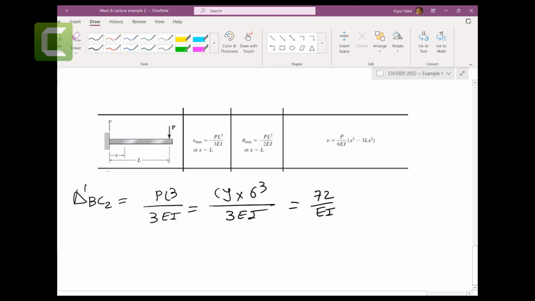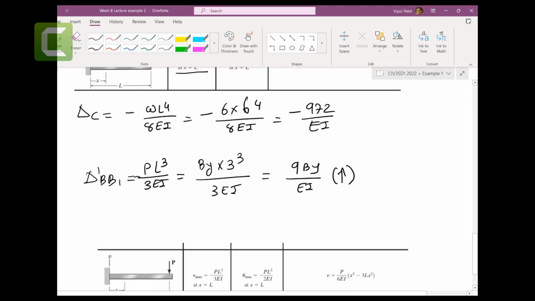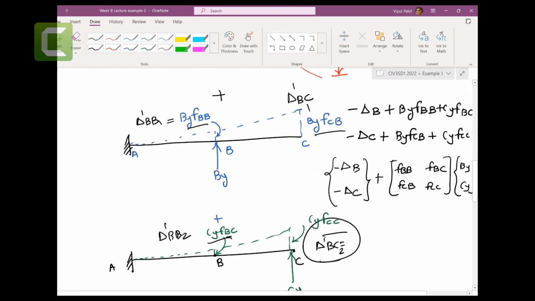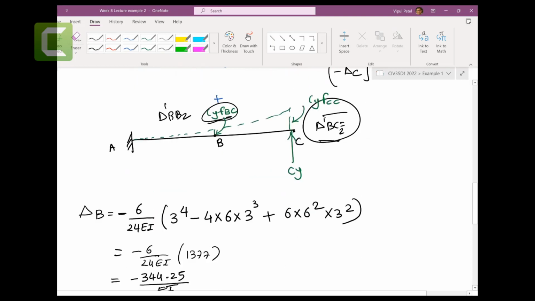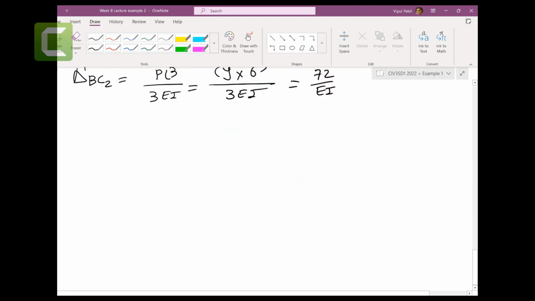Let me find another one as well. We found these ones. Let's find another one, delta dash BB2.